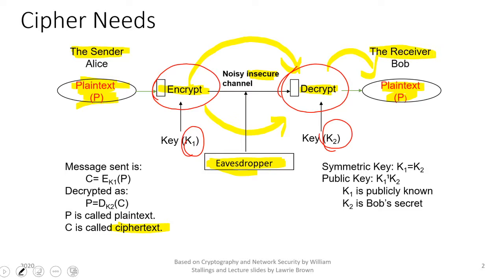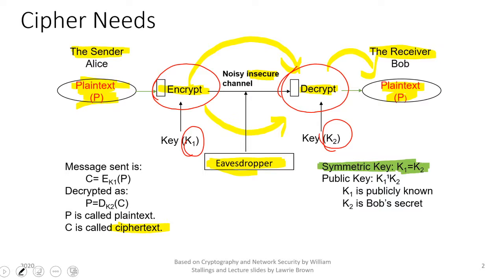And then we also briefly touched upon two types of ciphers depending on the type of keys we have. That is, if we have the same key at the receiver and sender's end, we will call that the symmetric key encryption. So we have the single key at both ends for the encryption and decryption.